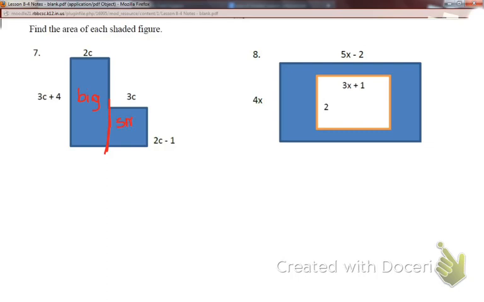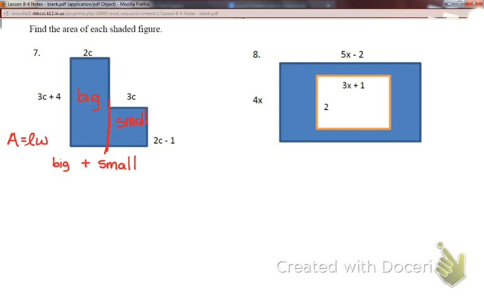Almost looks like a square, but we don't know that for sure. And so the idea here is that to find the area of the shaded region, we're going to find the area of the big rectangle, we're going to add it to the area of the small rectangle because together they make up the entire shaded region. They are both rectangles, so that's kind of nice. You should know that formula for area equals the length times the width.